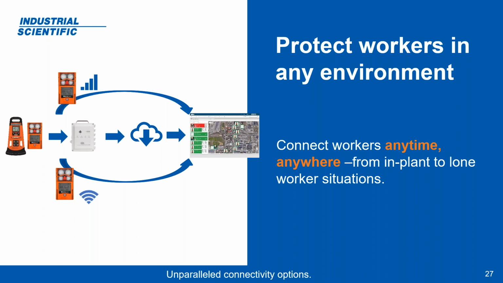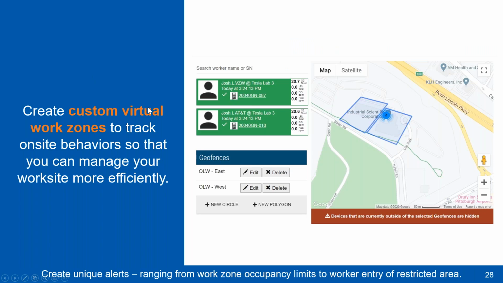We also have the ability to communicate through a smart device via Bluetooth and a sync app that we have available to you. So there are a number of ways to get data from your monitors to the cloud in real time so that you can see what is happening and where it's happening as it occurs.